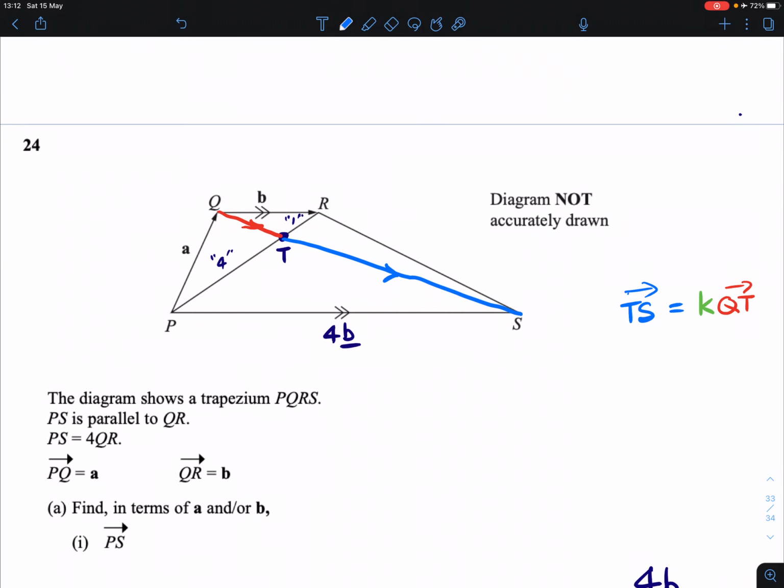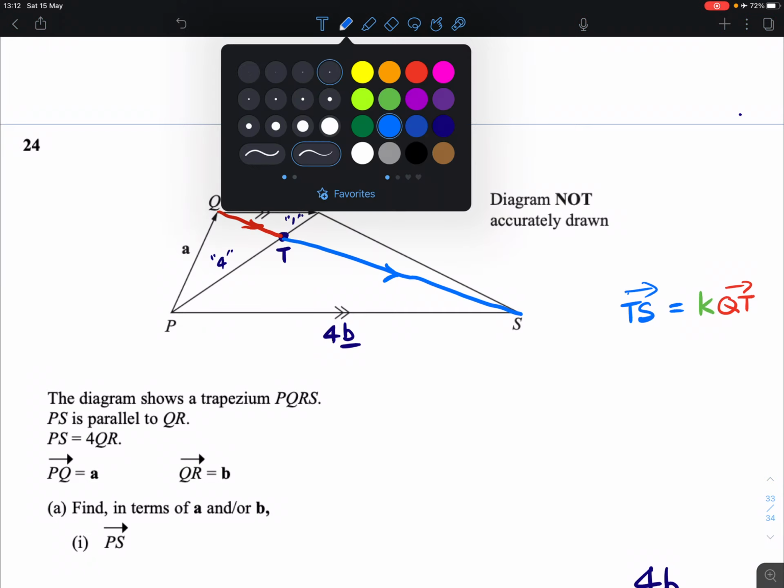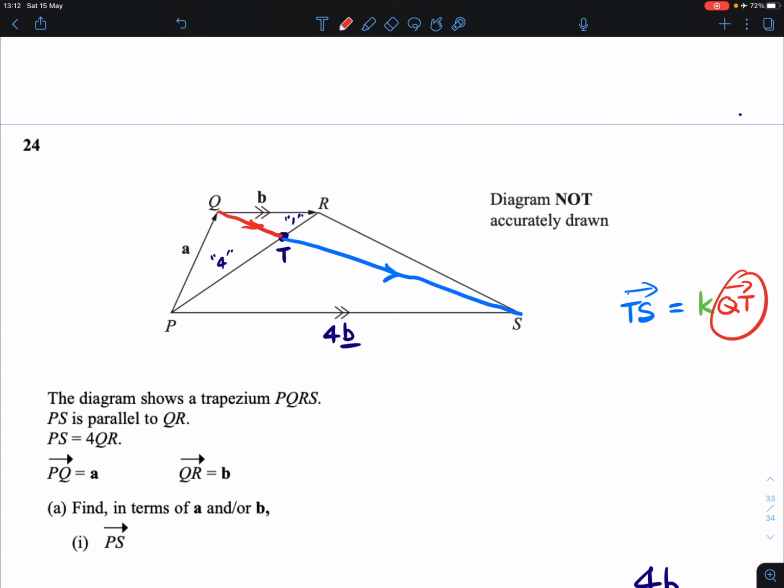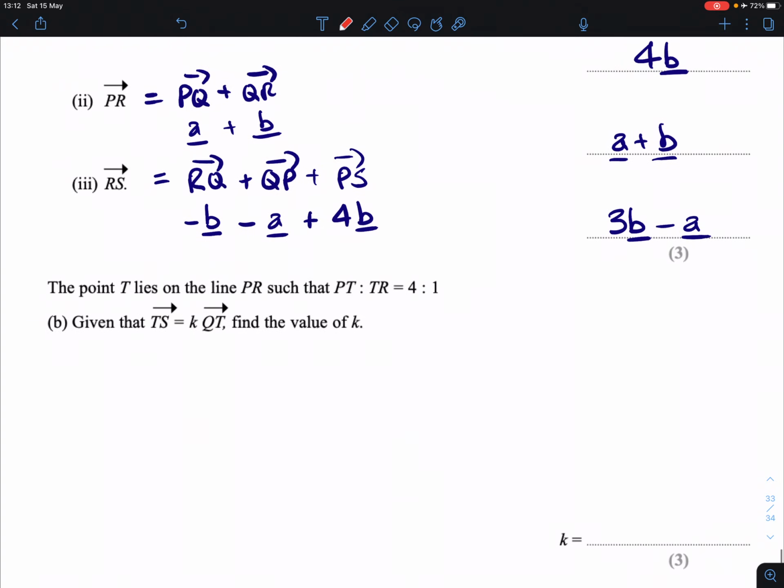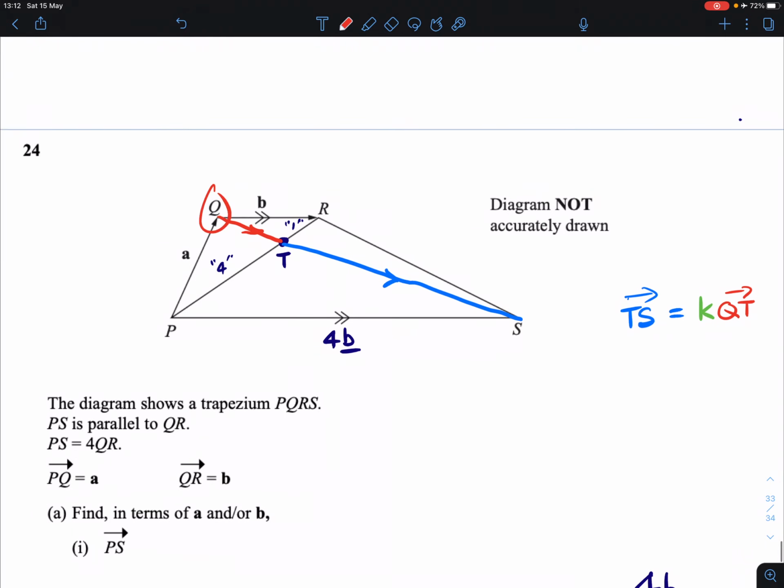Okay, so in order to figure out what K is, that's the end game, then we must be able to figure out what T to S is, and we must be able to figure out what Q to T is. So let's look at them individually. Q to T, first and foremost, the vector from Q to T, that red arrow, that red vector we don't know yet, so we've got to find a way of getting there.